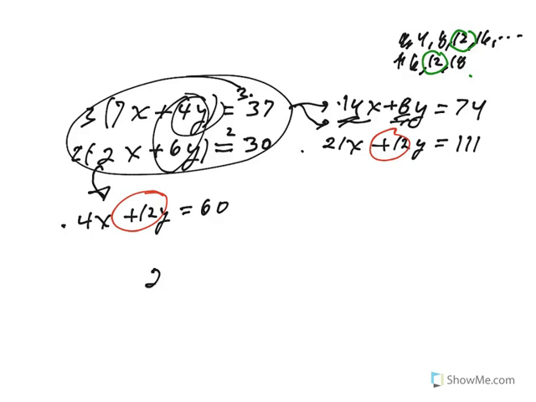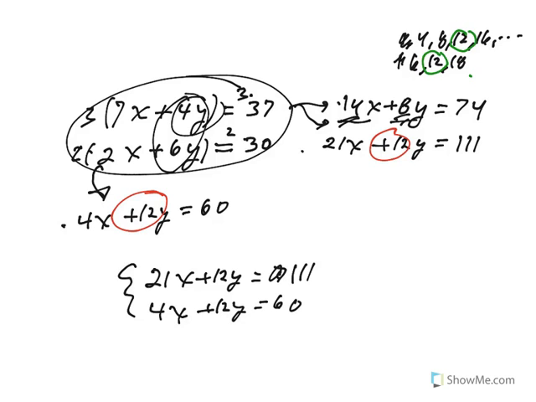So this equation turns into 21x plus 12y equals 111, and 4x plus 12y equals 60. So those are true things. But now take a look. Now I can do that trick from before when I subtract. See the difference now, $111 versus $60, a $51 difference.